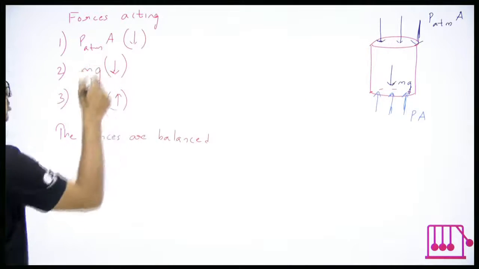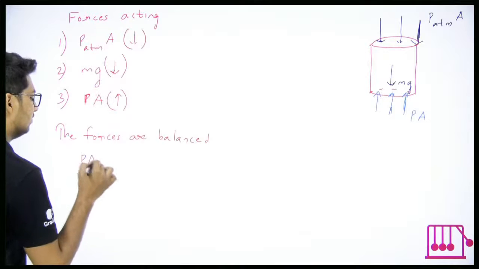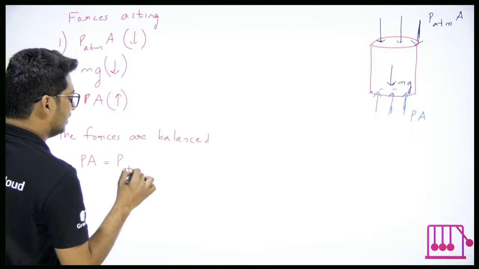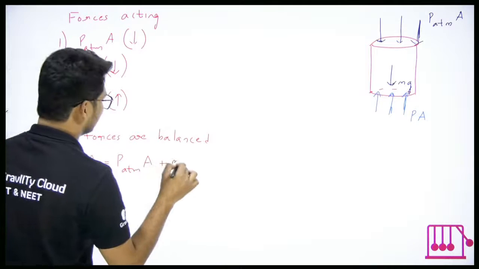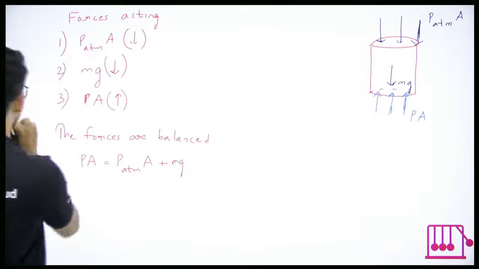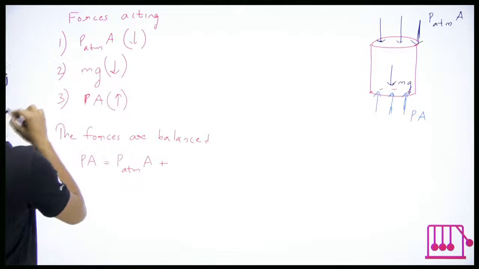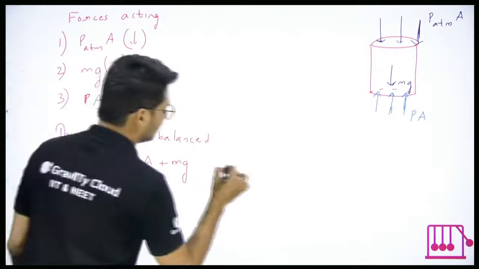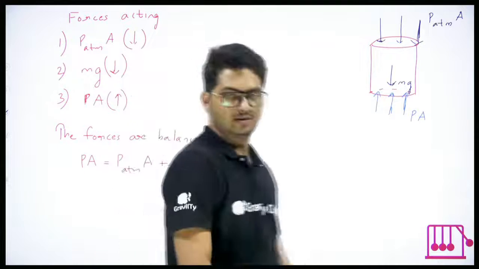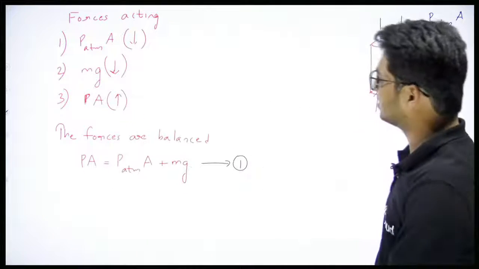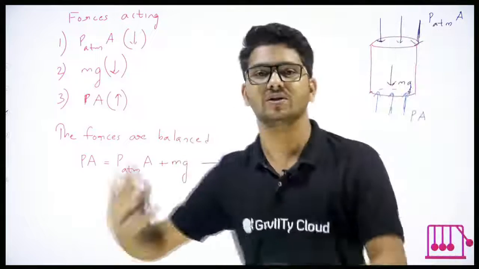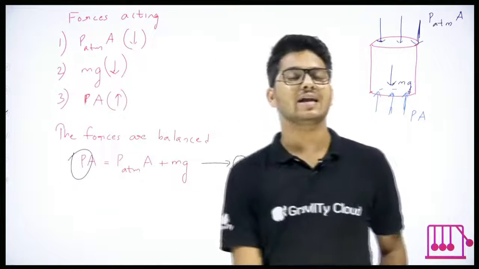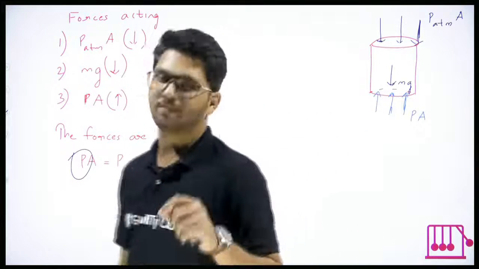So pressure into area, the upward force, is equal to P atm into A plus mg, since mg is also a downward force. Let's call it equation 1. So we got the forces acting here and a relation between them. Our target is to find a formula for pressure P.